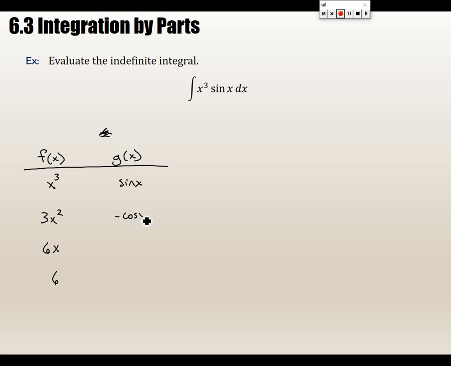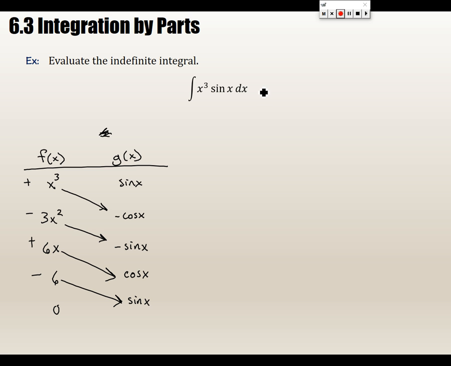Negative cosine x, negative sine x. We'll put a 0 down here. Cosine and sine. And then a plus, a minus, a plus, a minus. And then we just do a little tic-tac-toe tick. Okay.